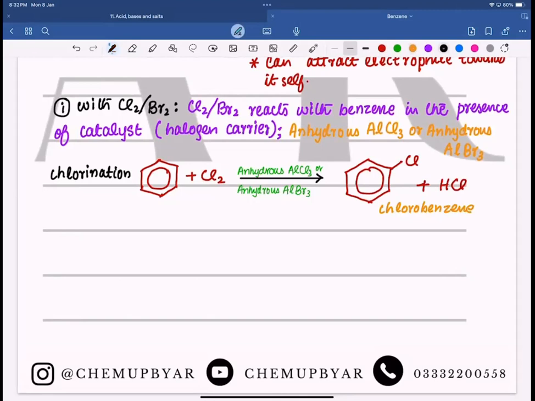Then when we react bromine, it is called bromination.